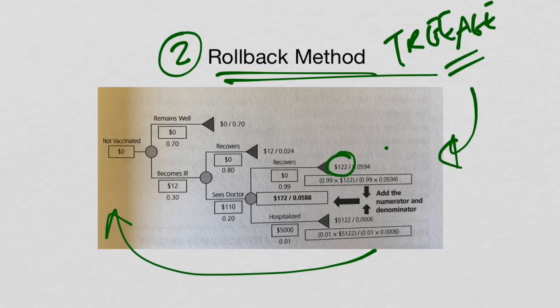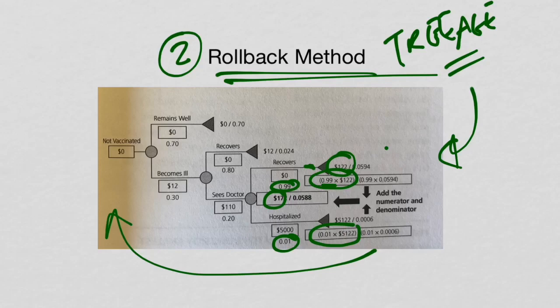We're going to take the cost of the node, multiply by the first immediate probability before that strategy at this particular node, and then add the product of this, which is the $5,122 times 0.01. And this answer will give you $172.